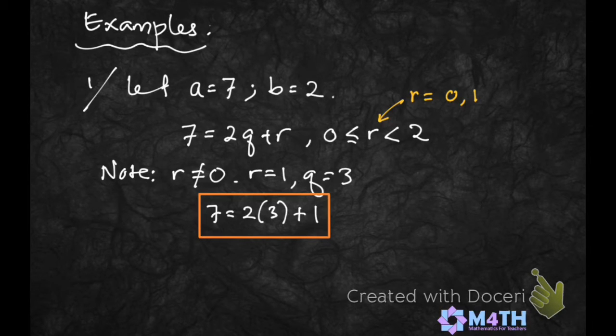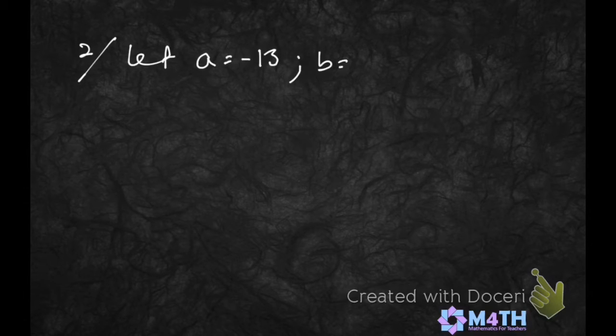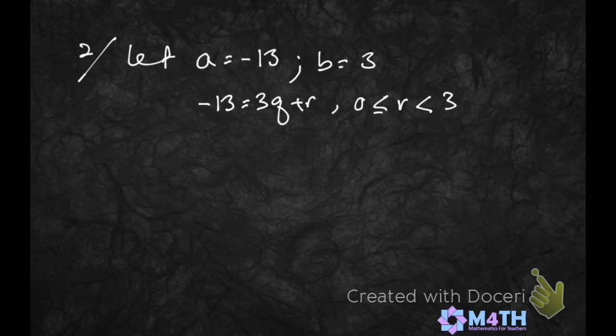Okay, let's look at the second example. Let's say a is negative 13 and b is 3. Again, we want to find q and r. We write negative 13 is 3q plus r, with the condition that r is between 0 and 3.